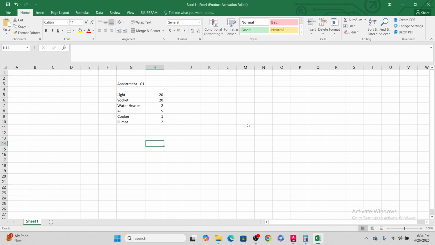We have light, socket, water heater, air conditioner, cooker, and pumps. Let's put a dishwasher, one. What else do we have? We can have a microwave, let's put one. And a fridge, let's put one. So here you see I put light, socket, water heater, AC, cooker, pump, dishwasher, microwave, fridge.